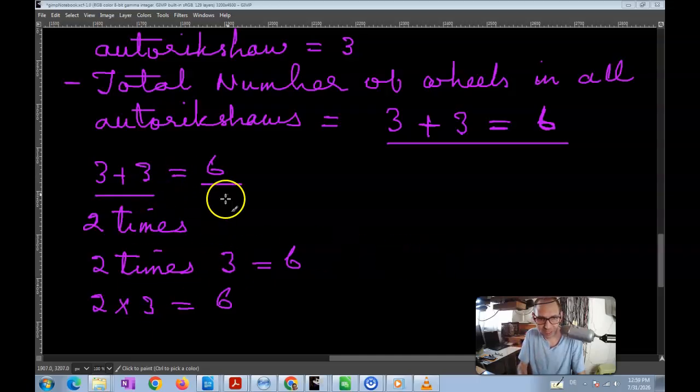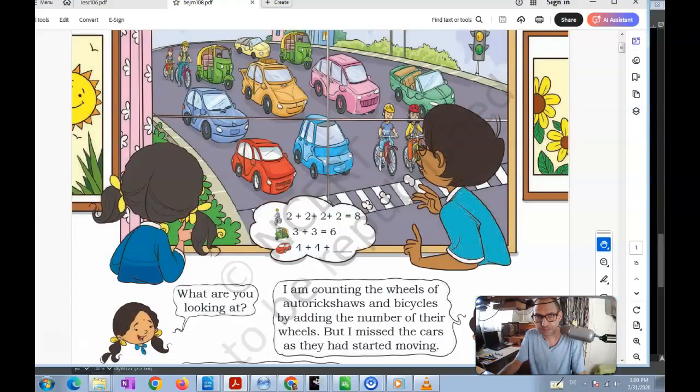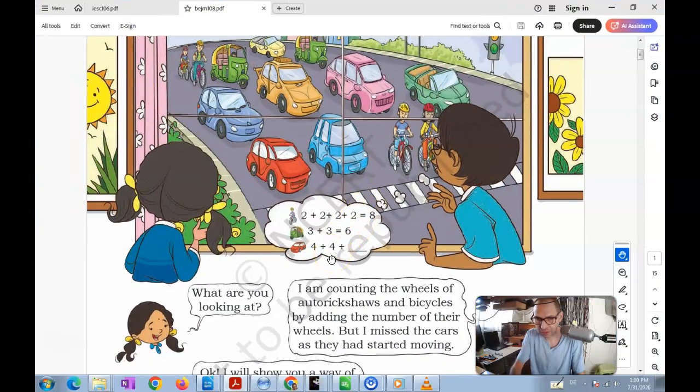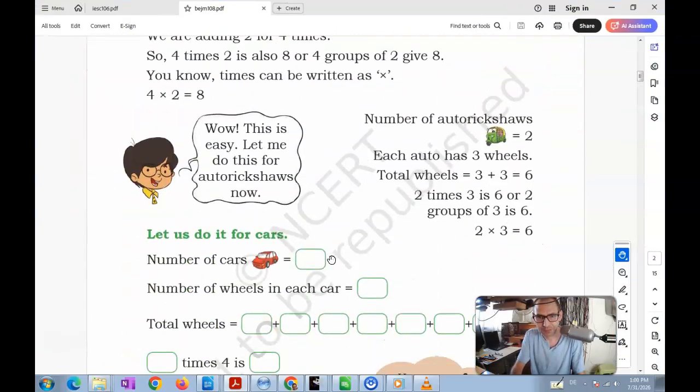We still need to find some way to not have to do the addition manually, okay? And that would be the power of multiplication, which we will see as we go along. So that's all the way up to here.